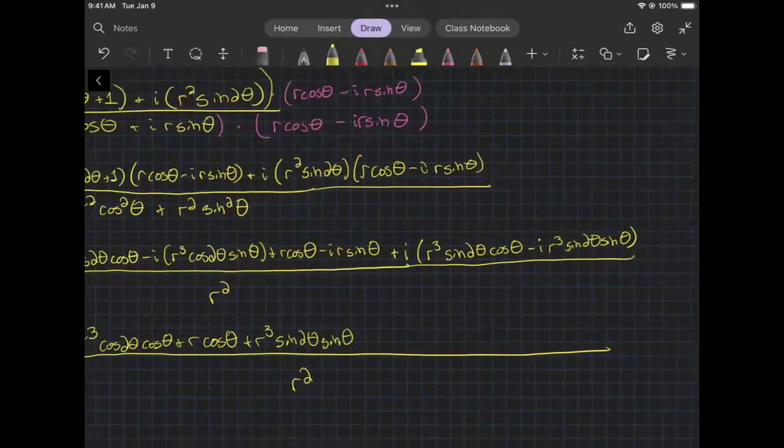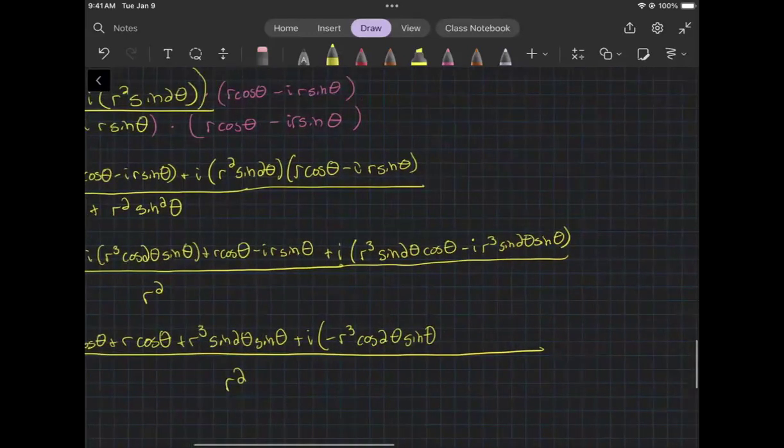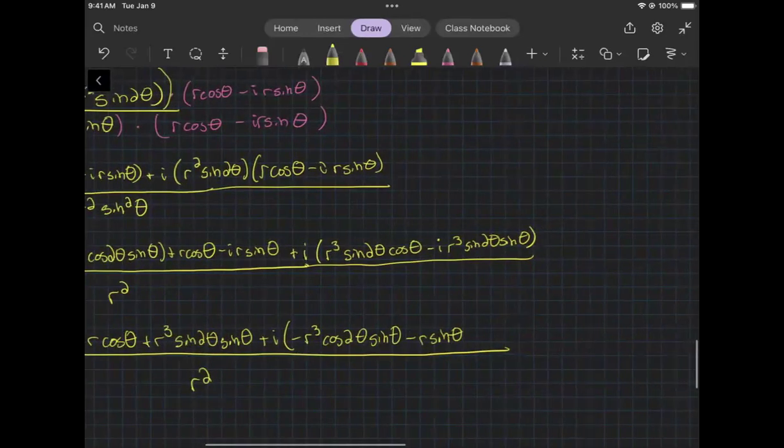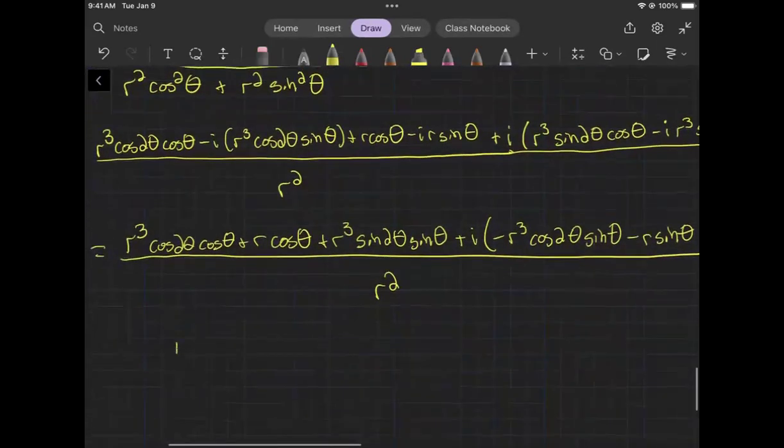So minus r cubed cosine 2 theta sine theta minus r sine theta plus r cubed sine 2 theta. Okay. So what we will have is, so this is our real component.